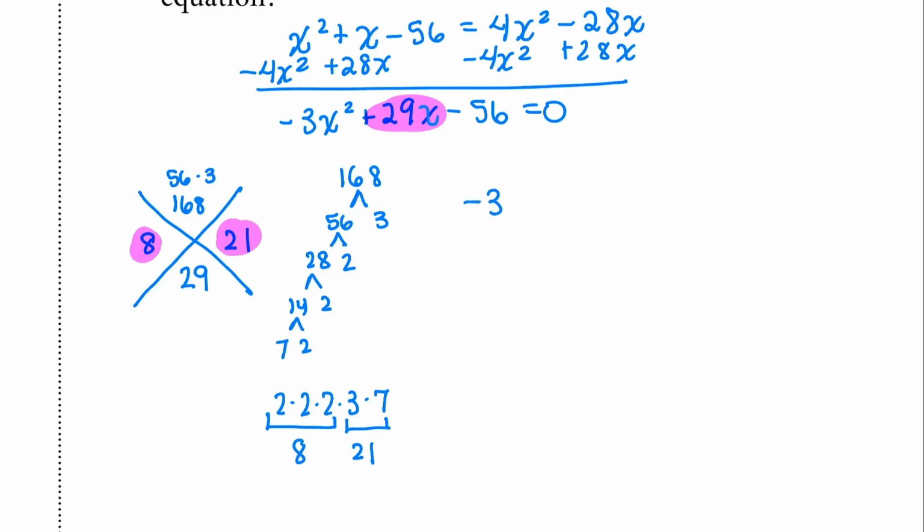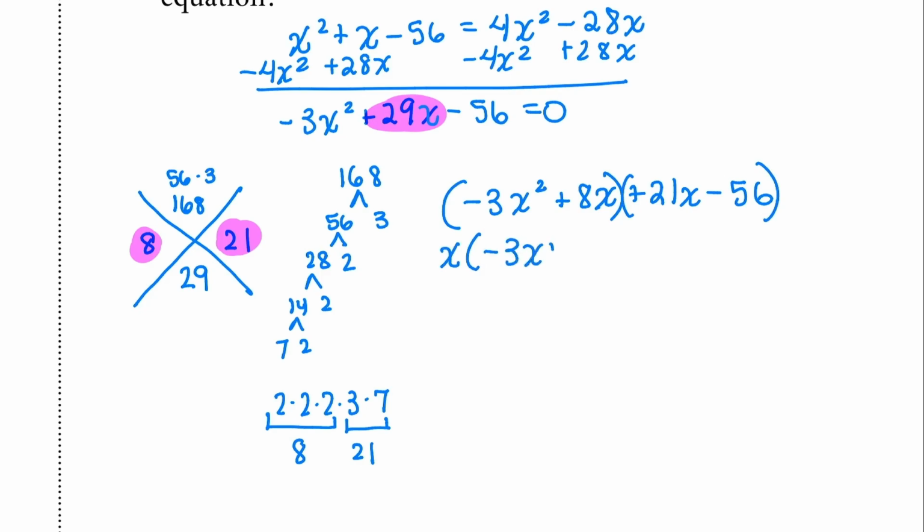So this is going to be 3x squared plus 8x plus 21x minus 56. Now we're going to factor by grouping, and this is going to be x times negative 3x plus 8. Then we can take out a 7 from here, and we can take out a negative 7 so that our parentheses will match.